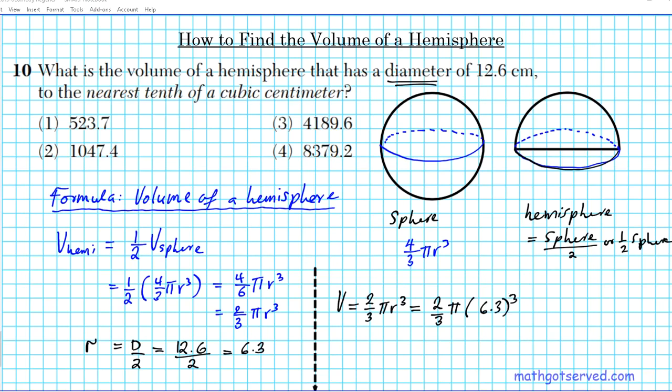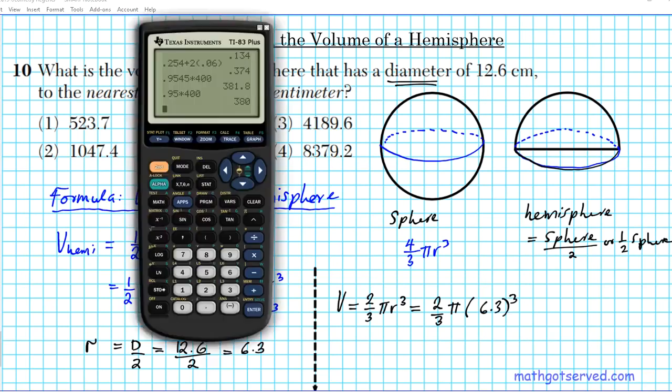All right, let's fire up our calculators and compute what the volume is. So we have parentheses 2 divided by 3, times pi, second function caret, times 6.3 raised to the 3rd power.